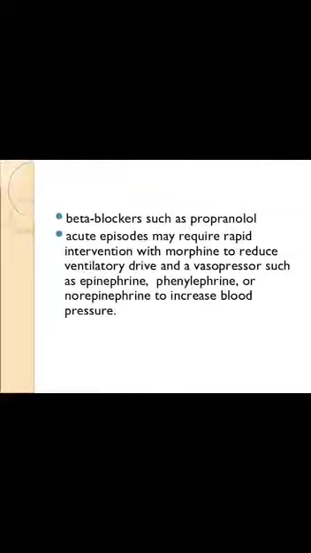Again I am telling the drugs we can give in a TOF patient: beta blockers such as propranolol. Acute episodes may require rapid intervention with morphine to reduce ventilatory drive and vasopressors such as epinephrine, phenylephrine or norepinephrine to increase blood pressure.